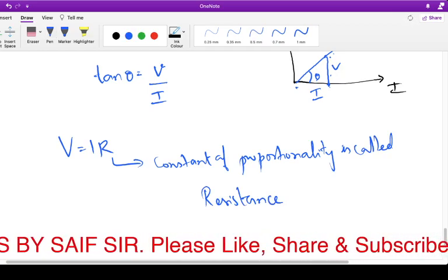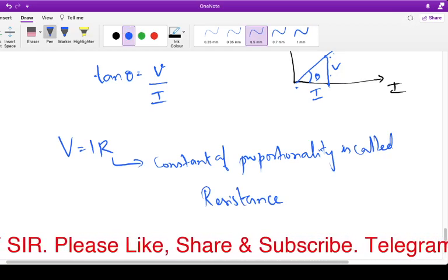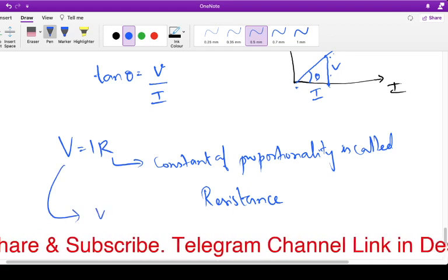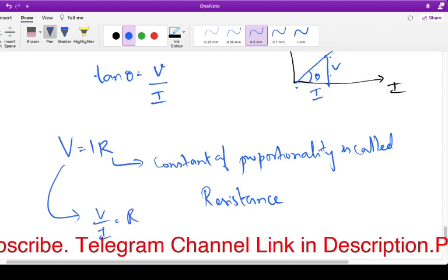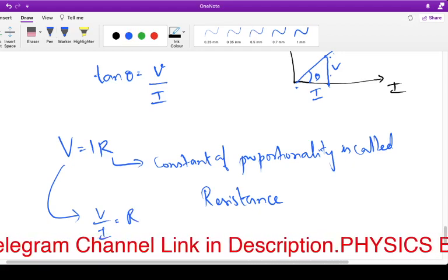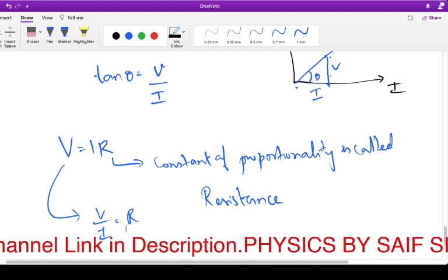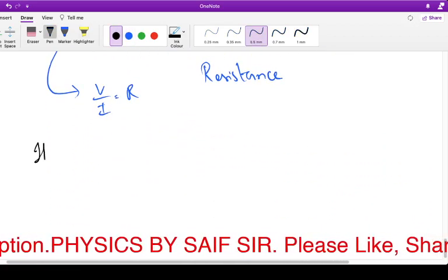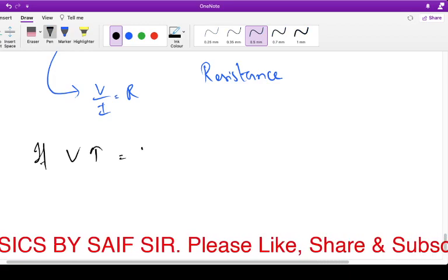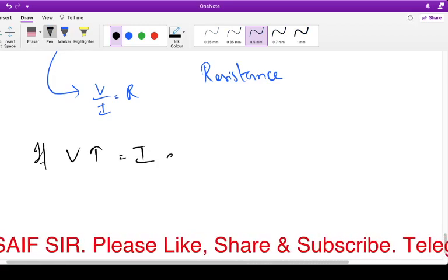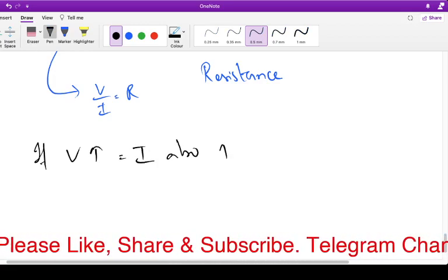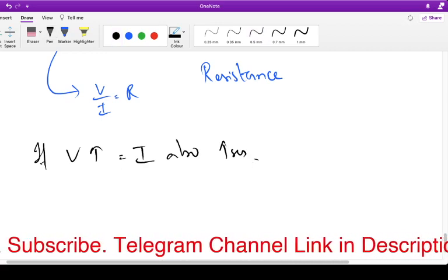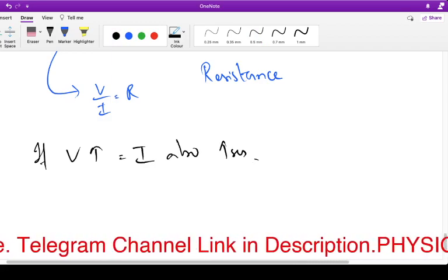Now, as you already know, tan theta is equal to V by I. Here also you can write V by I is equal to R. So slope is nothing but the resistance. If V increases, I also increases, unless and until the temperature or physical conditions remain unchanged.